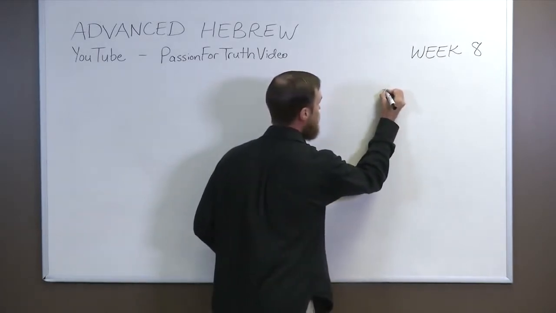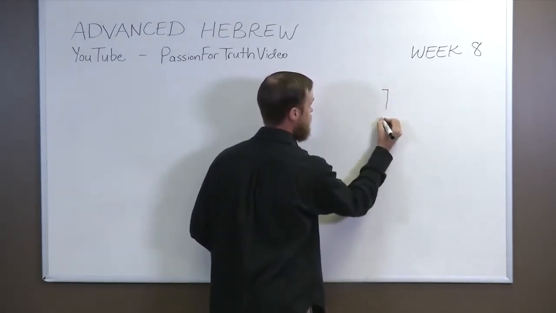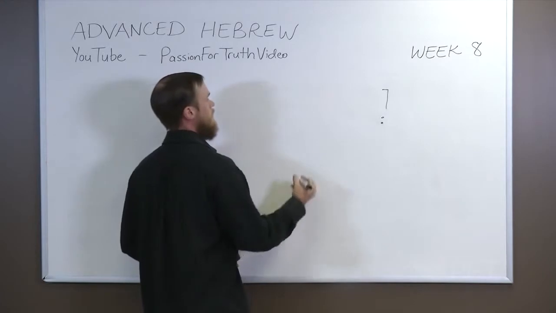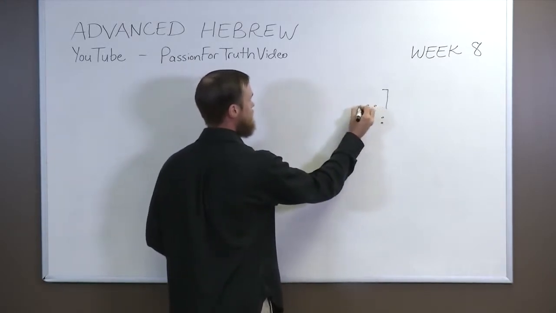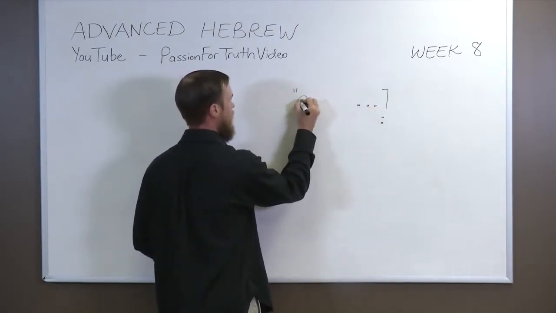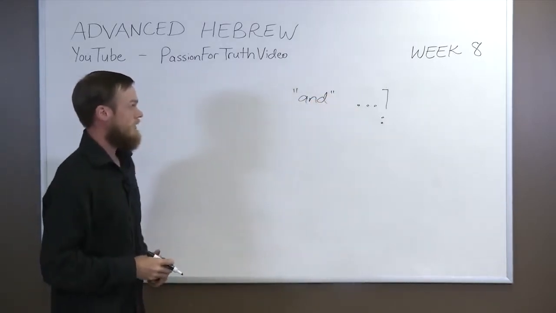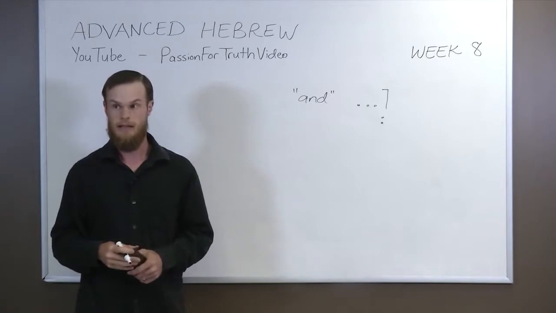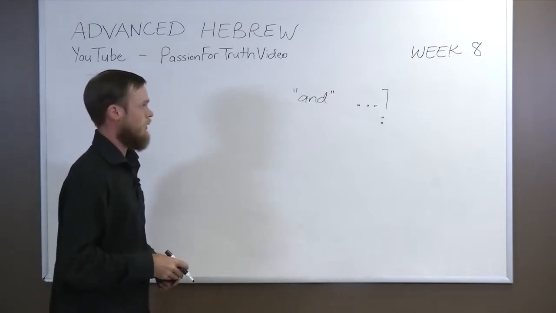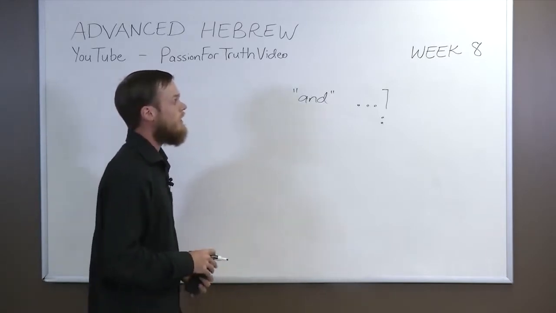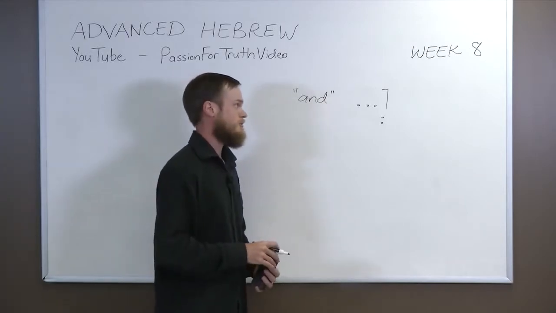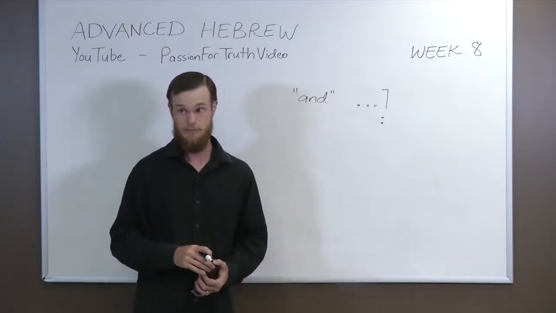I've talked about the vav prefix before, which means and. Normally that just means and, no extra problems, but in Hebrew when the vav prefix is placed in front of a verb, a funny thing happens.